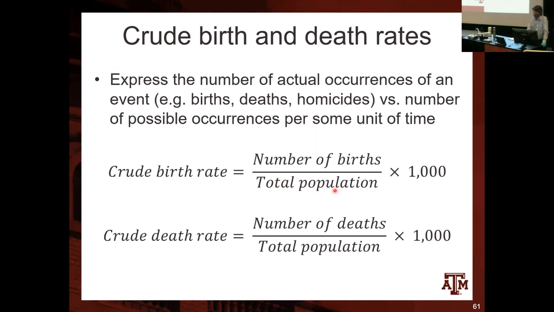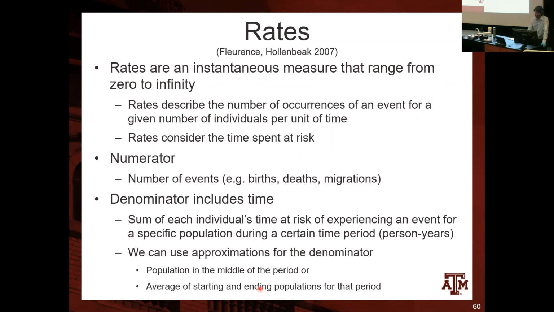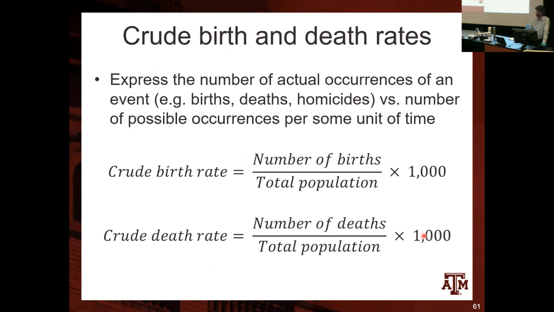The total population here is the population in the middle of the period. We are getting an approximation. We are not actually using person years, the data that I'm going to show you here. The crude death rate, the same idea. Number of deaths that happen in a specific country in a specific year, divided by the total population in the middle of the period.